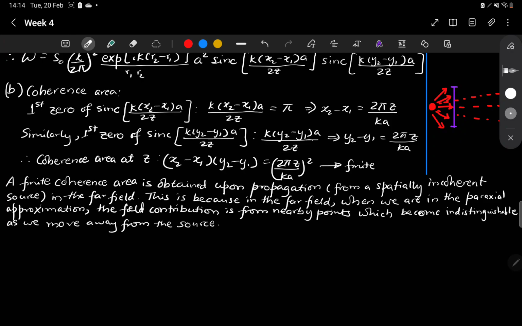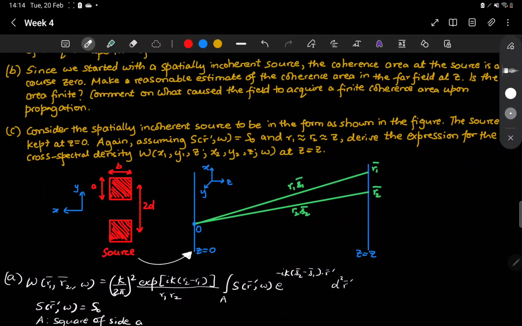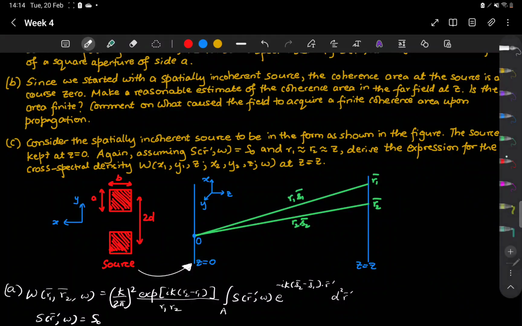Let us now move ahead to part C. For part C, let me copy this source.